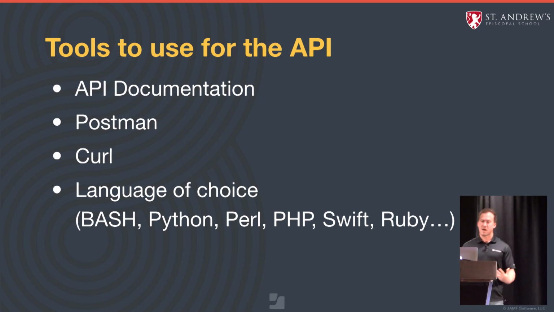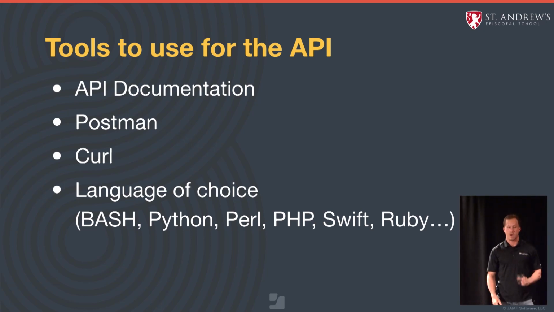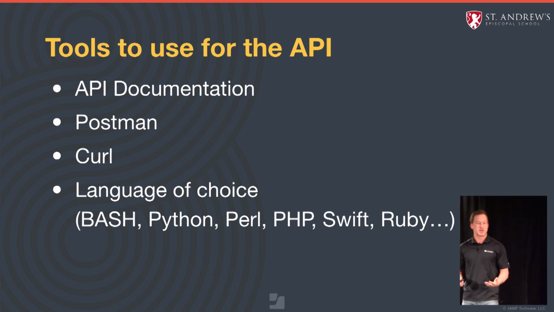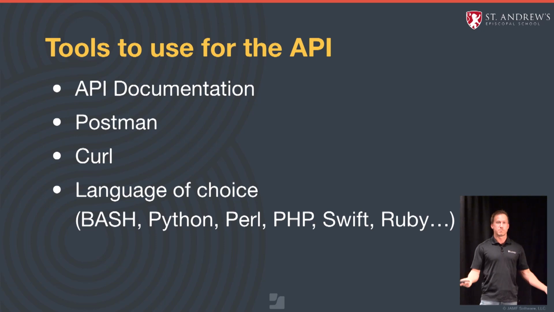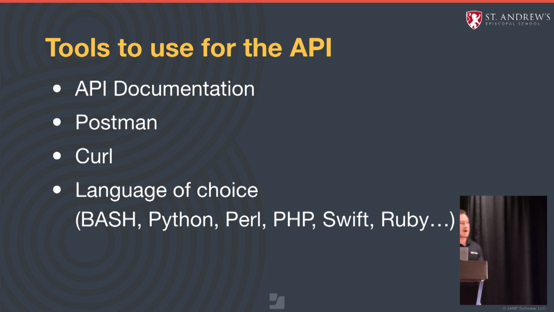And sort of along the lines of curl, whatever your favorite language is. If none, then I'd probably start with bash, because it's the easiest to learn right off the start. But I didn't want to just say scripting language, because people are building Swift applications using the Jamf API. And that's not a scripting language, that's a full-blown programming language. So basically anything that can make an HTTP request, you can use to interact with the Jamf API.